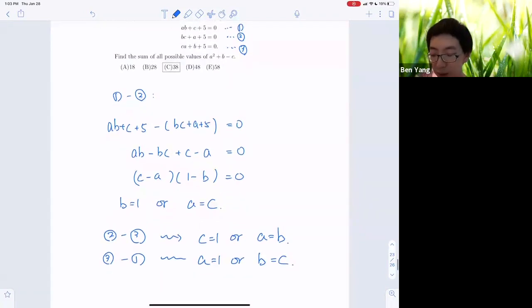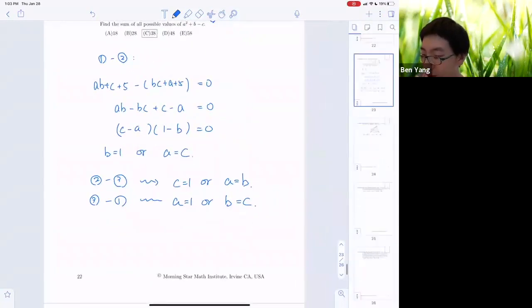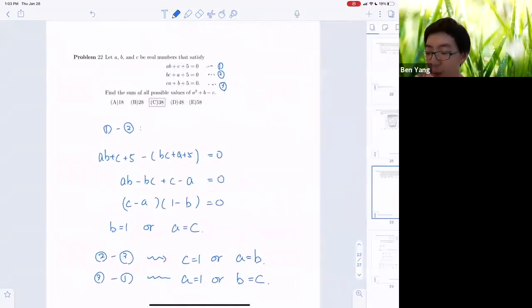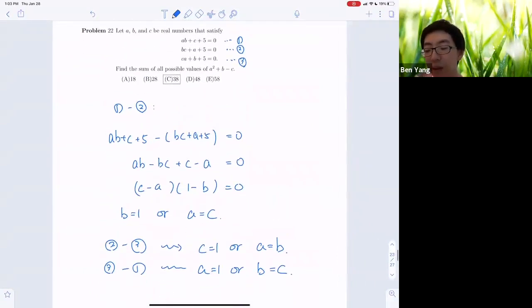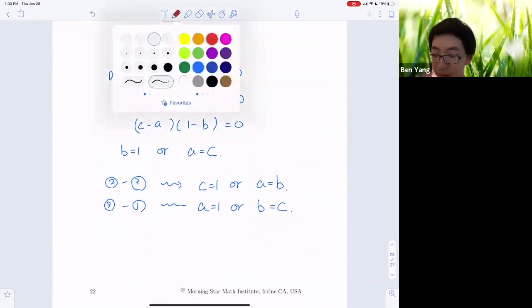So now we can do some casework, I guess. Let's start with whether there's a number among A, B, C that is equal to 1. Because if there's not, then that just means all three numbers have to be equal to each other. So casework.